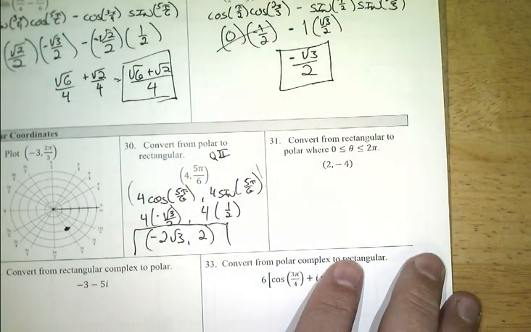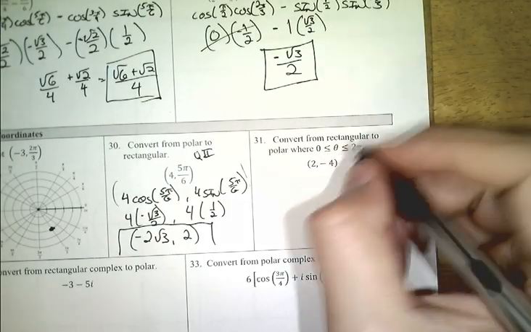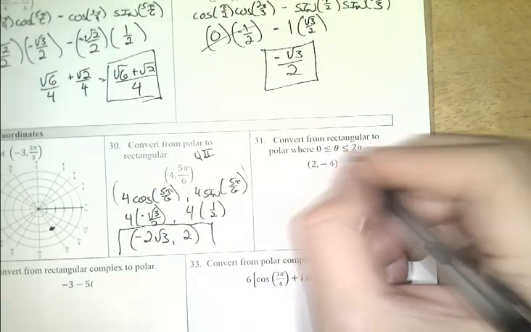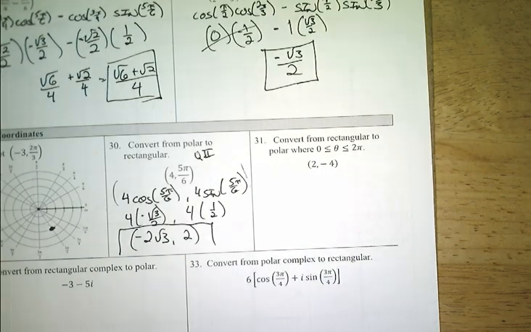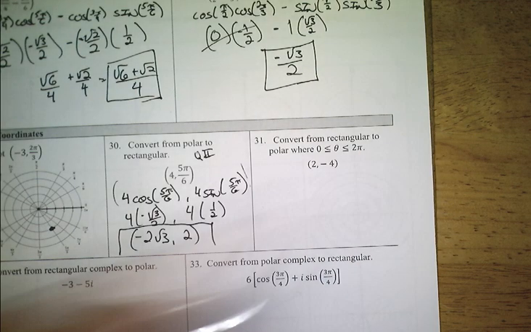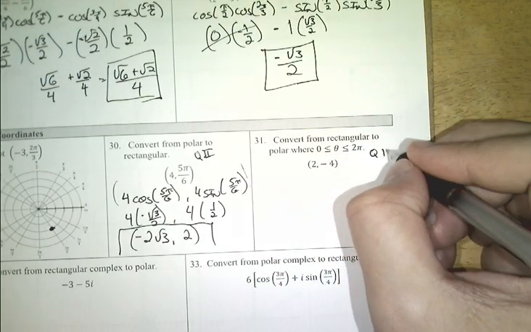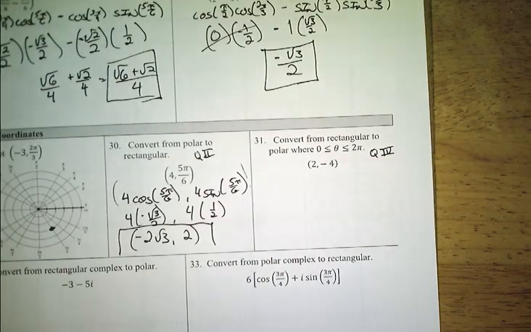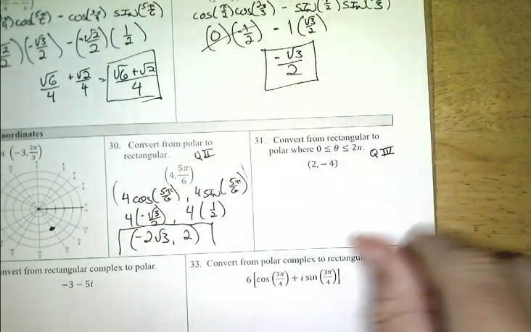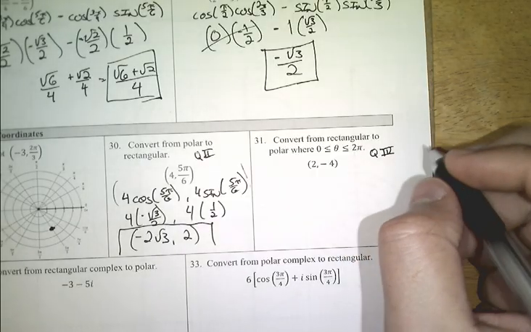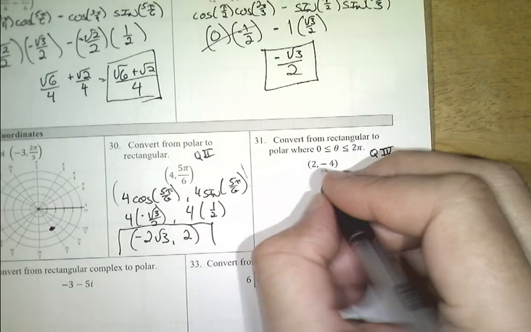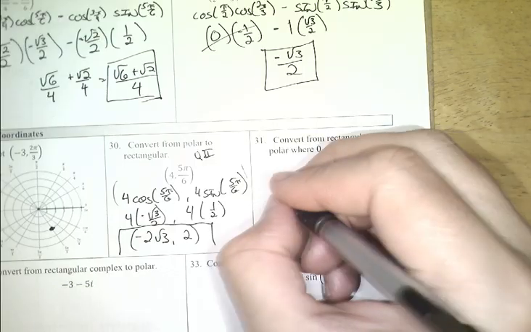And now we're going to convert from rectangular to polar, where theta is in between 0 and 2 pi. So this is in quadrant 4, right? Positive, negative. Quadrant 4. So what we need to do is first find r.